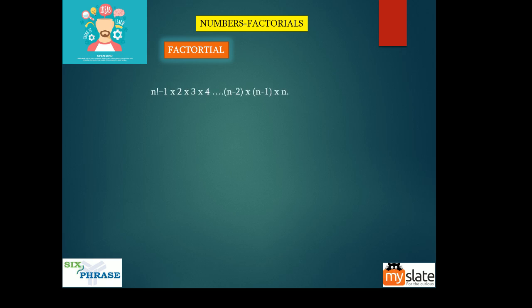Anyway, whenever we say n factorial, what we actually mean is 1 into 2 into 3 into 4 till n. In other words, n factorial can be defined as the product of all numbers from 1 to n.